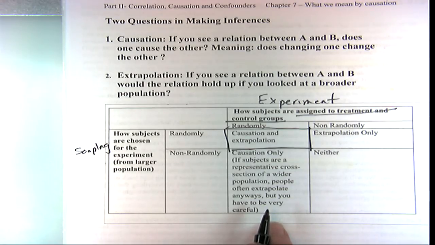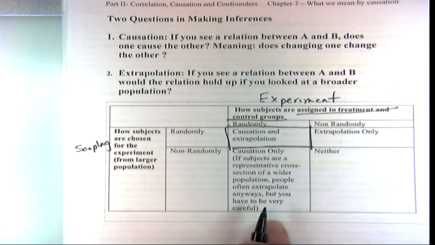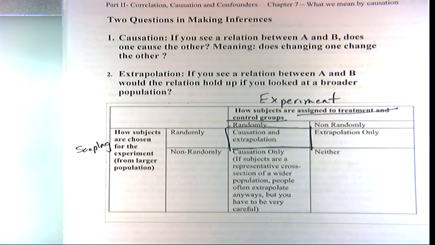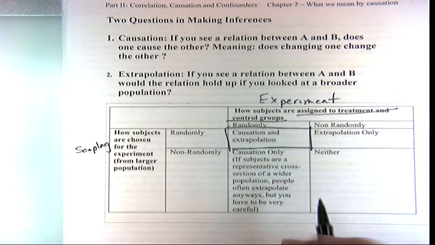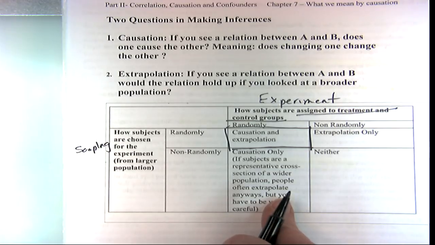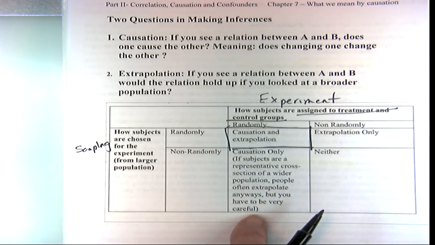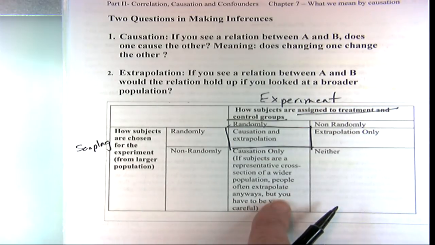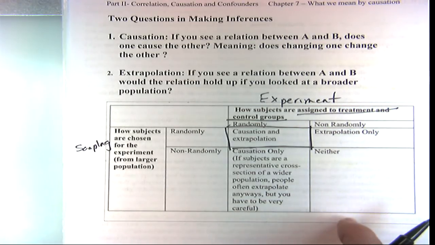We extrapolate to maybe future semesters. With this experiment, we'll think future Stat 100 students will be like you, and so we extrapolate, although it's not completely valid. You have to be very careful. Okay? Does that make sense to people?